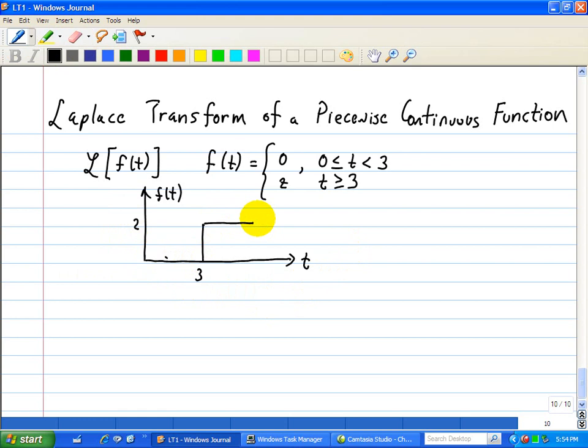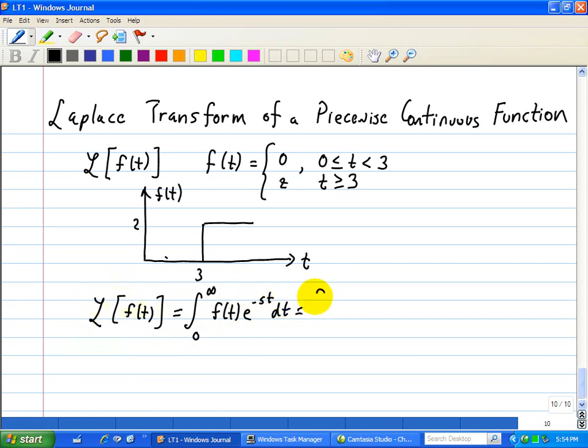Since this function is divided into two parts, we'll do the Laplace transform in two parts. You recall the Laplace transform of f of t is equal to the integral from 0 to infinity of f of t e to the minus st dt.